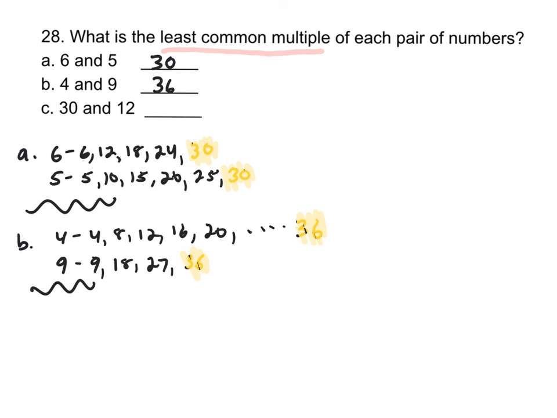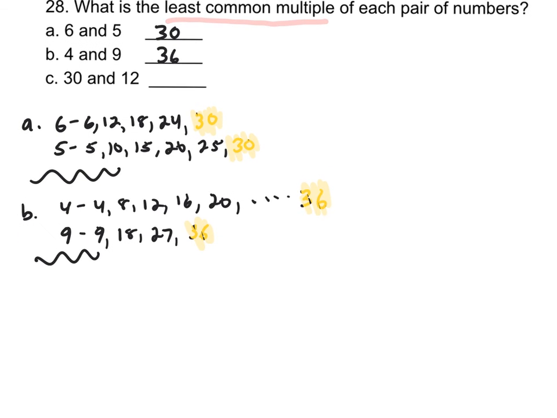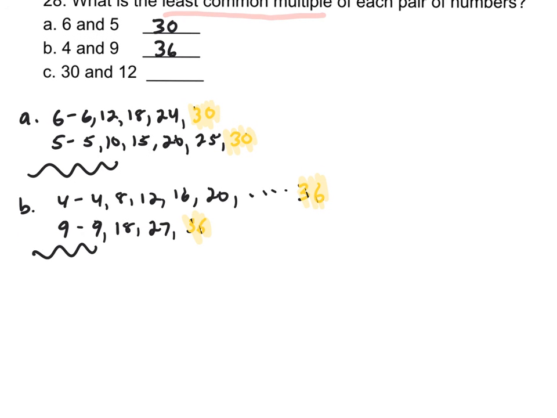And then that brings us to our last one. I can move this up a bit. We've got 30 and 12. So C is 30 and 12. So 30, 60, I'm going to stop there because I know 60 is also a multiple of 12.